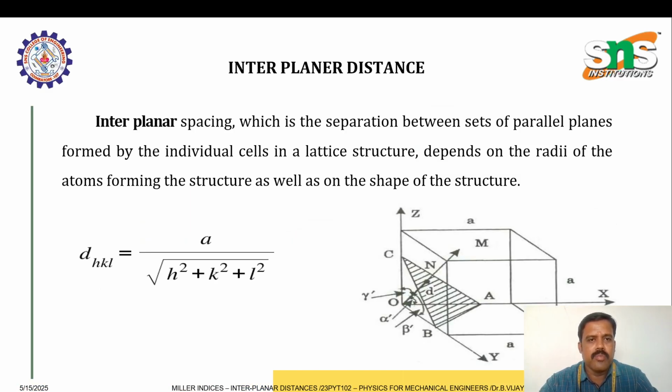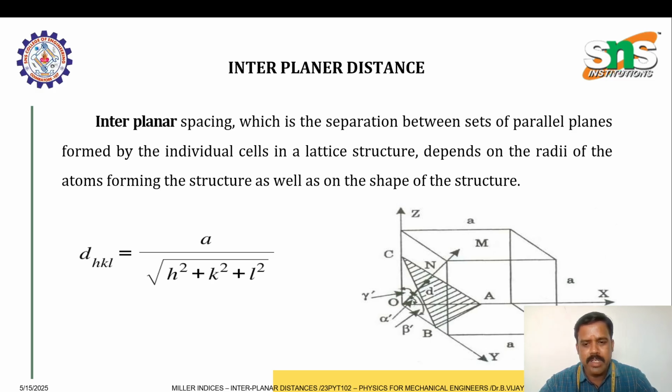Then we start with interplanar distance. The interplanar distance is the separation between a set of parallel planes formed by the individual cells in a lattice structure. It depends on the radii of the atoms forming the structure as well as on the shape of the structure. We take a cubical structure with three coordinate axes x, y and z.